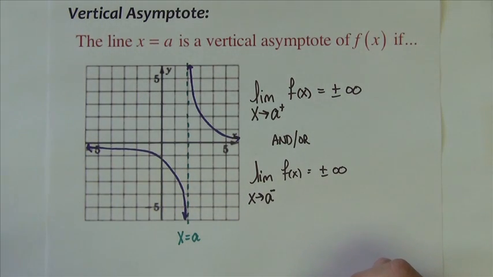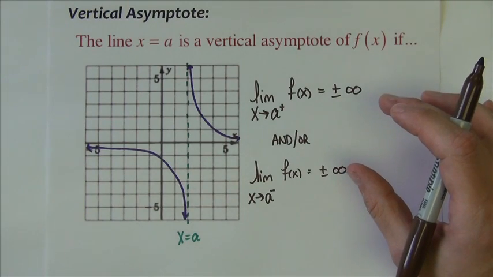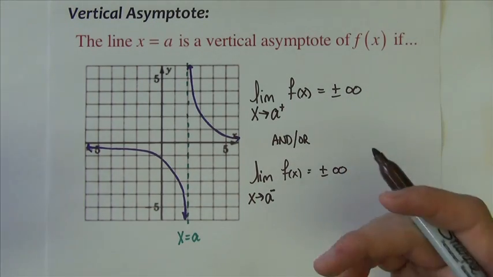So similar to horizontal asymptotes, these are limits that involve infinity. They involve infinity not as the x approaches, but as the outcome as the y approaches. And they involve one-sided limits.